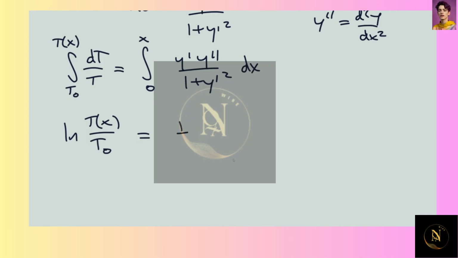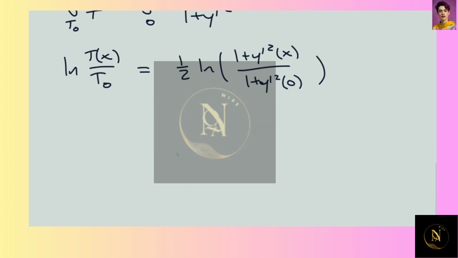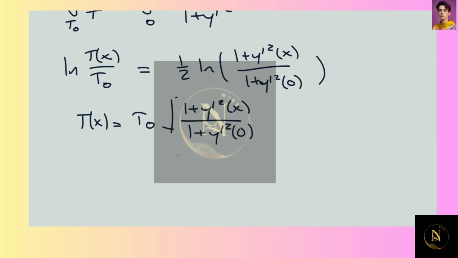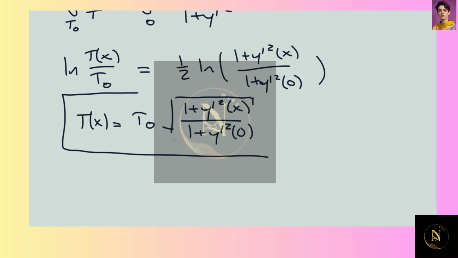So we get a half log 1 plus y dash squared evaluated at x over 1 plus y dash squared evaluated at 0. So that tells us that T of x is T0 root 1 plus the derivative squared at x divided by 1 plus the derivative squared at 0. So this is an important equation.